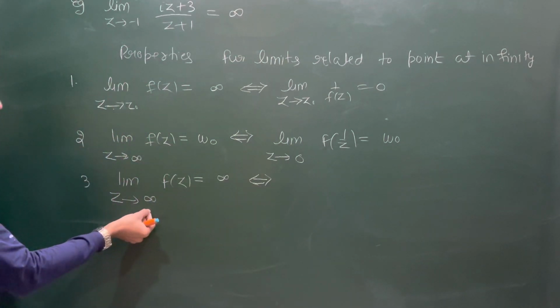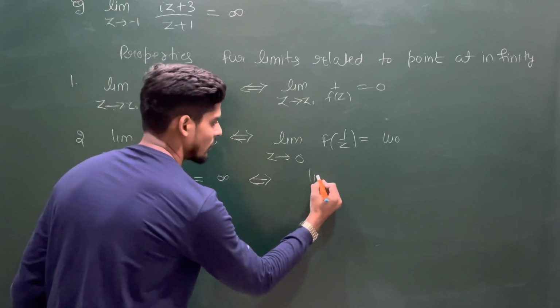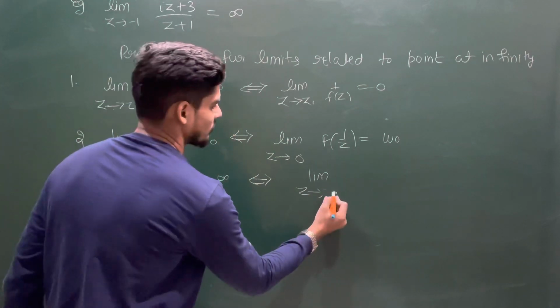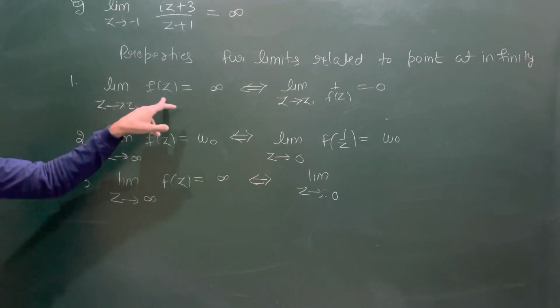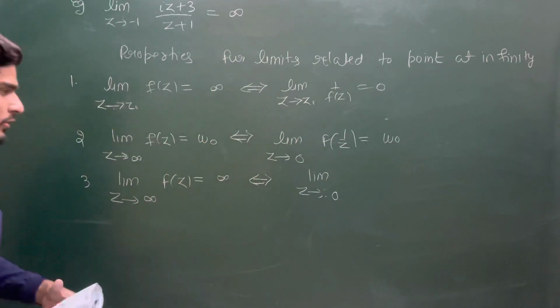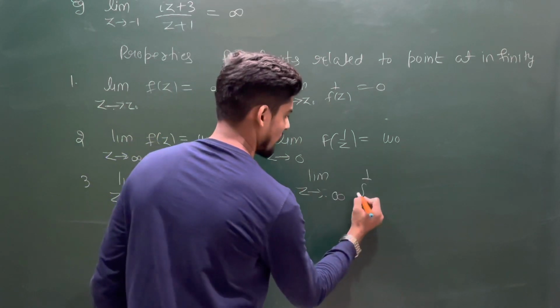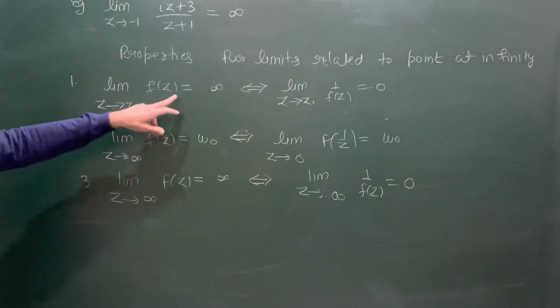Limit z approaches infinity, fz is equal to infinity if and only if limit z tends to 0. So when your limit is infinity, so what you do this, limit z tends to infinity, 1 upon fz is simply 0 according to this property.